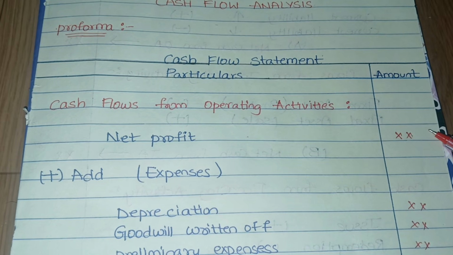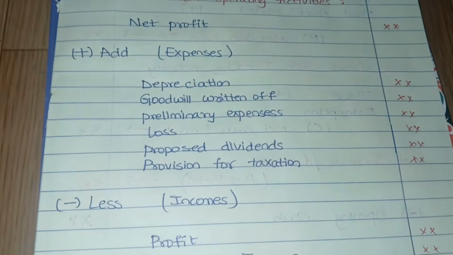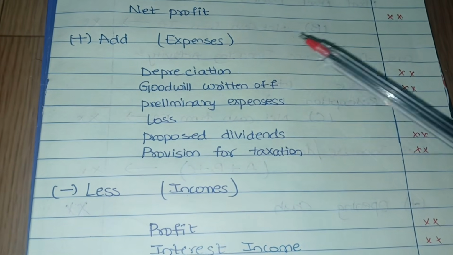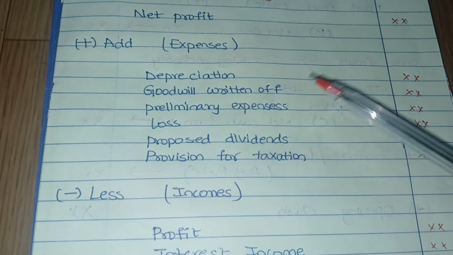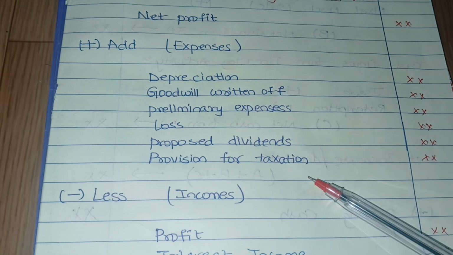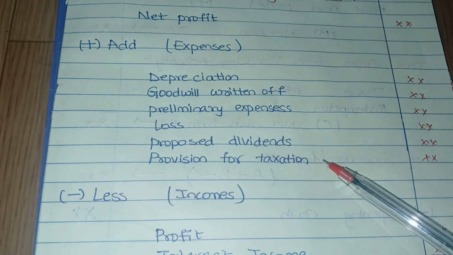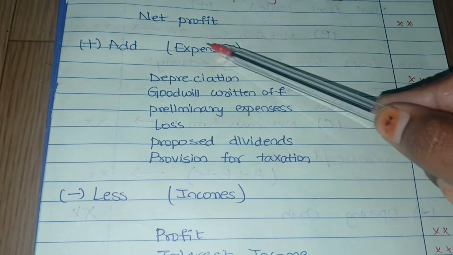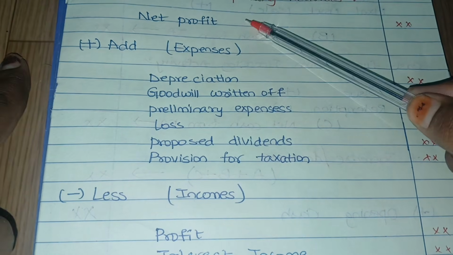Net profit we need to take, and whatever expenses we have, like depreciation or dividends declared or goodwill written off, preliminary expenses or any loss or proposed dividends or any taxation, these expenses we need to add to the net profit.